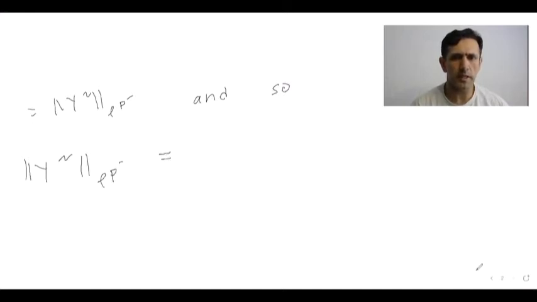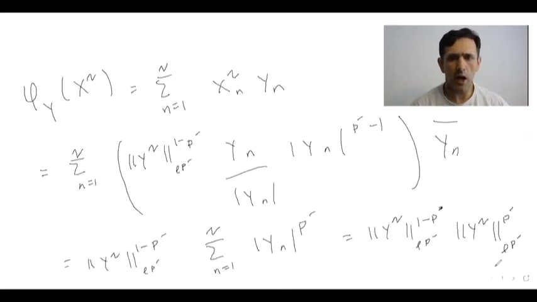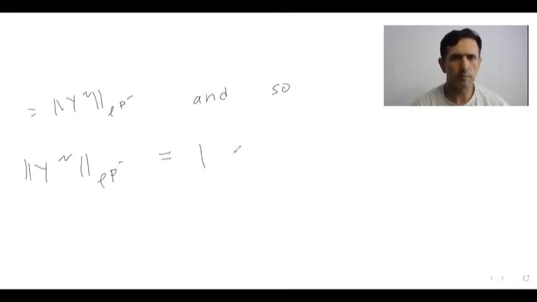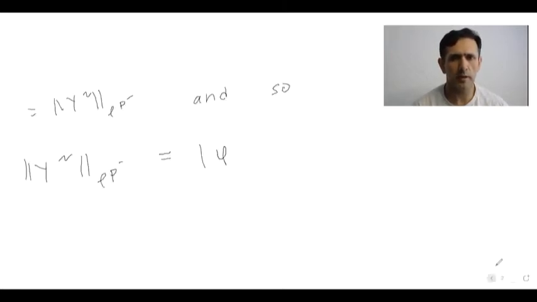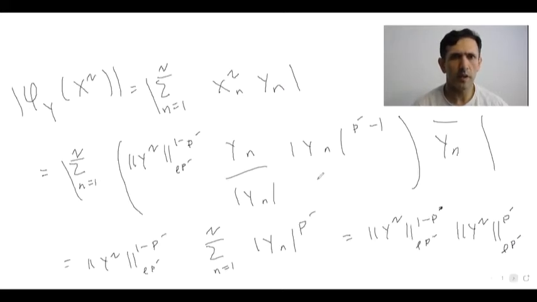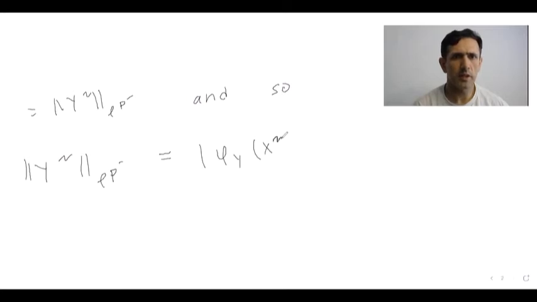This we computed to be, well, this says that this is non-negative, so it's equal to its absolute value. So really no harm in throwing absolute values in. But whatever. So this says that this here is going to be absolute value of phi y of x_n.